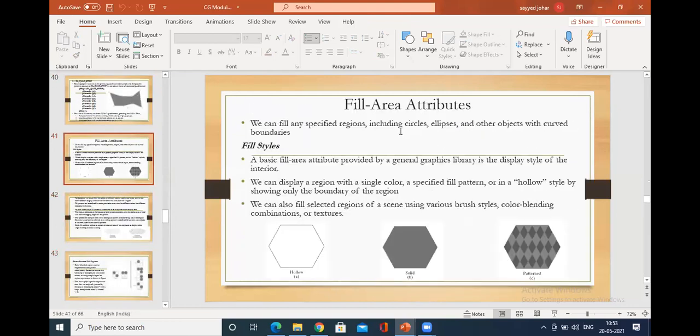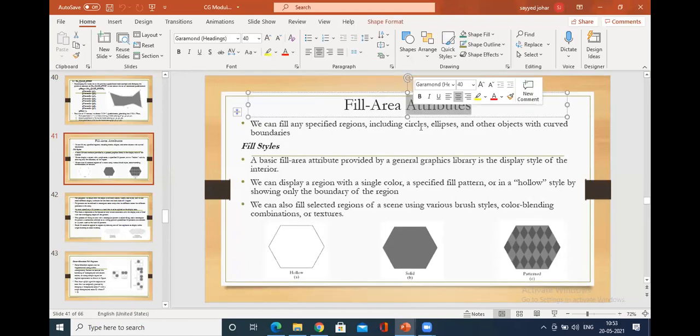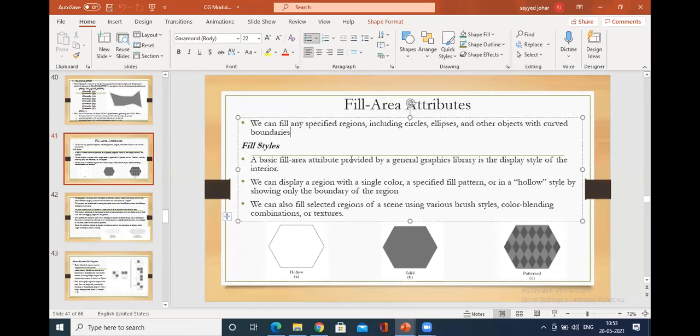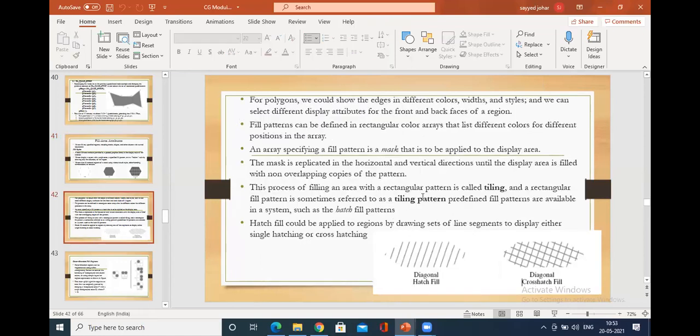Then we have fill area attributes. This is a different concept. What are attributes? We could fill the polygon with different types of attributes, that is different types of styles. So maybe it is hollow, solid, and pattern. So we have diagonal and we have cross hatch styles.